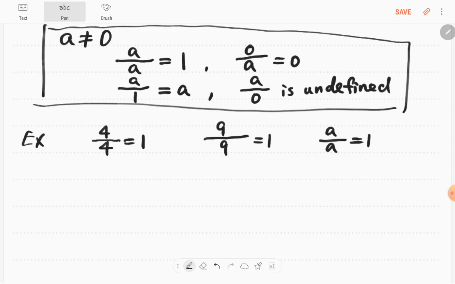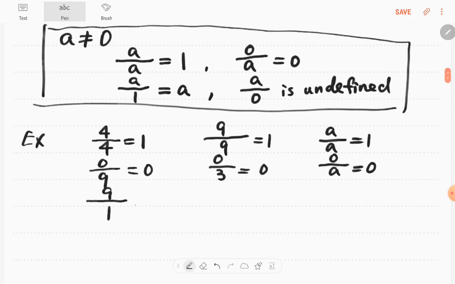Let's check another example: 0 over a non-zero number. 0 over 9 equals 0. Of course, 0 over 3 is equal to 0. So 0 over A is equal to 0. Now, 9 over 1 is still 9, and 6 over 1 is still 6.